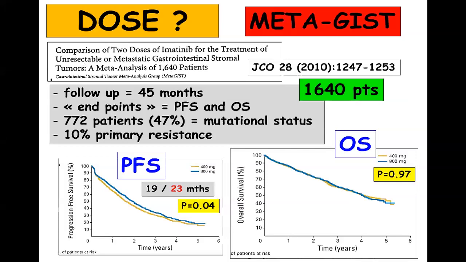And in terms of PFS, we have a better result in the 800 milligram group, 19 versus 23 months, with a p-value of 0.04, but in terms of overall survival, no difference between the two groups.